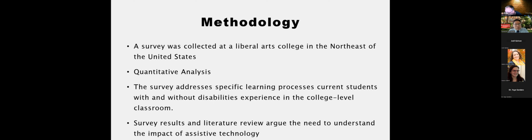So for the methodology of this research, we collected a survey that addressed specific learning processes that current students with and without disabilities experience at the college level. This survey was the NSSE, the National Survey of Student Engagement, which is basically the mechanism we use to measure the level of student participation at universities and colleges in Canada and the United States, as it relates to learning and engagement.